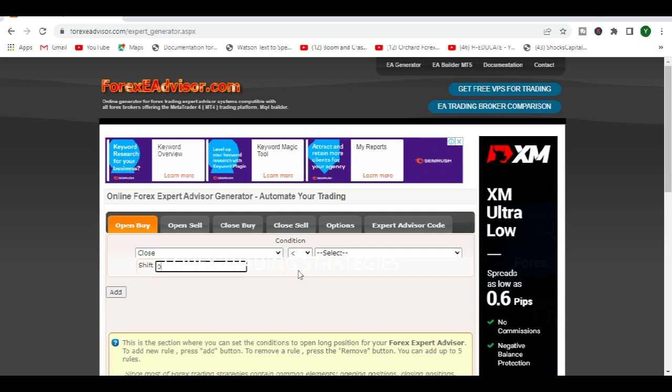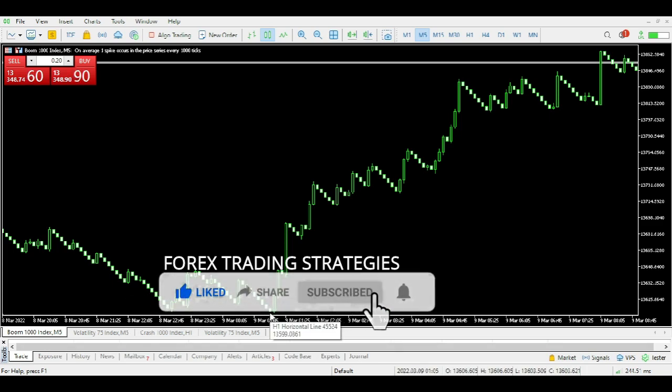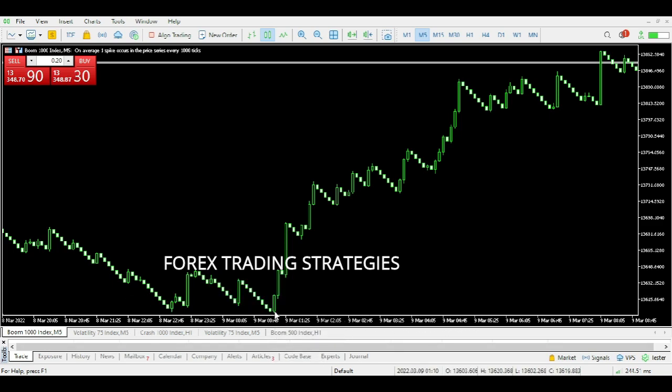I've not even tested this theory. I'm just giving you a random theory that we think might work. So the close price of the previous candle needs to be lower. We said it either needs to be lower or equal to the opening price of the spike candle.